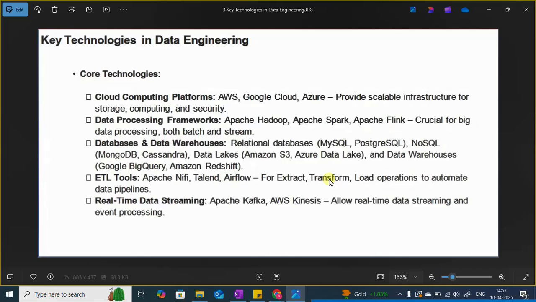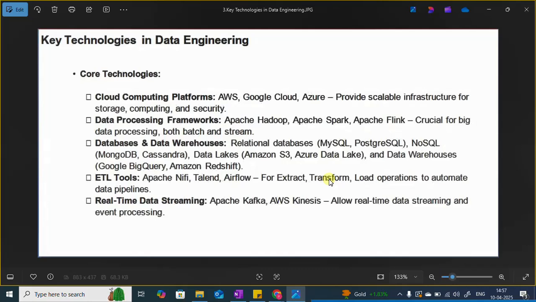Now coming to databases and data warehouses: relational databases like MySQL or PostgreSQL, NoSQL like MongoDB or Cassandra, data lakes like Amazon S3 and Azure Data Lake, and data warehouses like Google BigQuery and Amazon Redshift. These are the things we are covering.